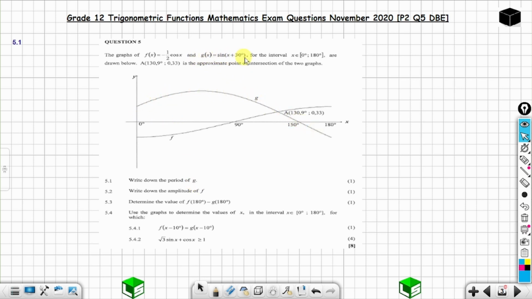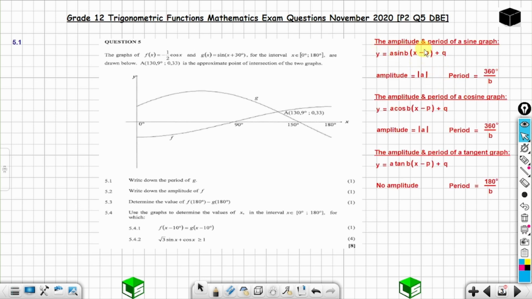You are given the equation. So let's see this information: the amplitude and period of a sine graph. When you are given the equation of a sine graph with all the parameters, to find the amplitude you take the absolute value of what you have in front, meaning a non-negative value.